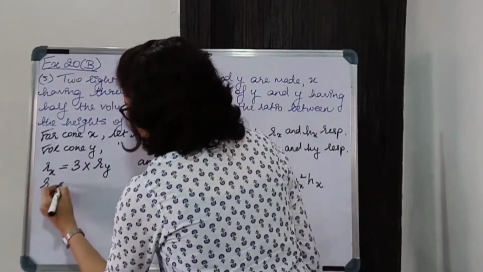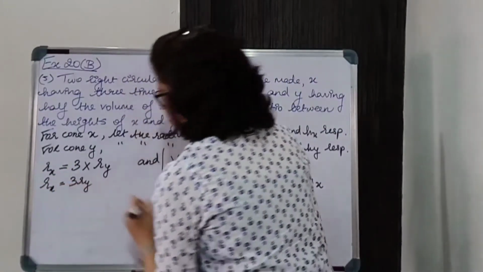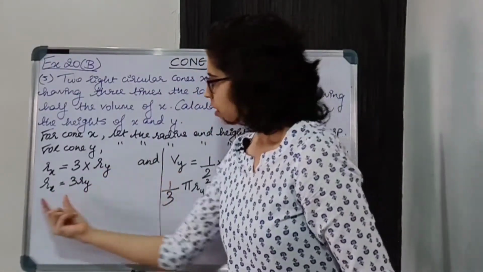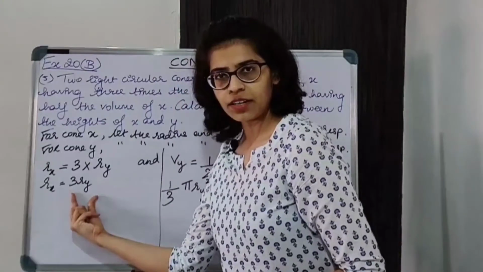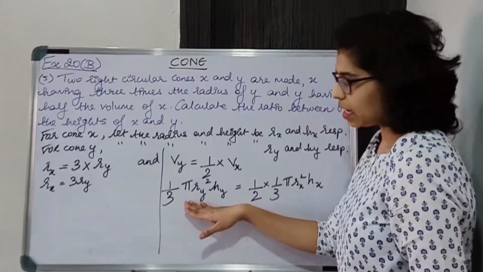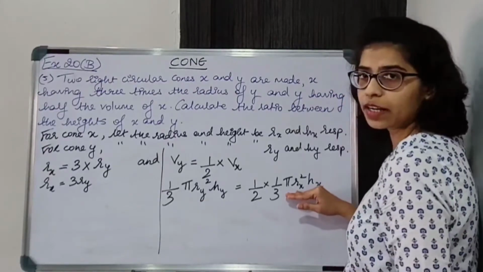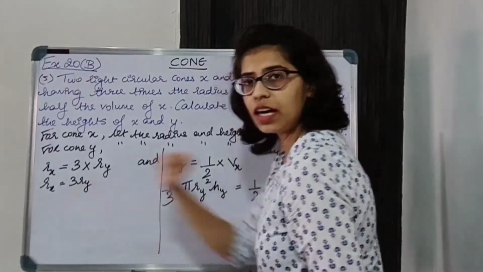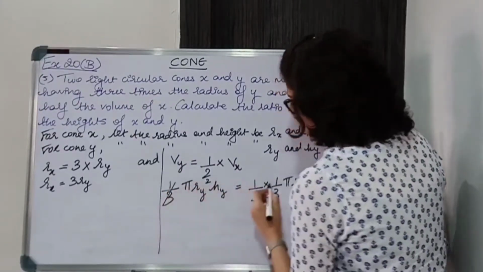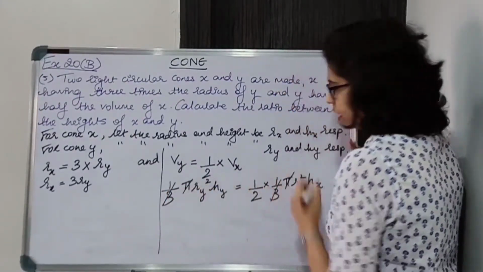Here there is nothing to do. Here you will only get rx is equal to 3 ry. So what we'll do, we'll utilize this. In place of rx I can write 3 ry. So ry will remain as it is, but in place of rx I'll write 3 ry. Before that 1 by 3 gets cancelled, pi gets cancelled.